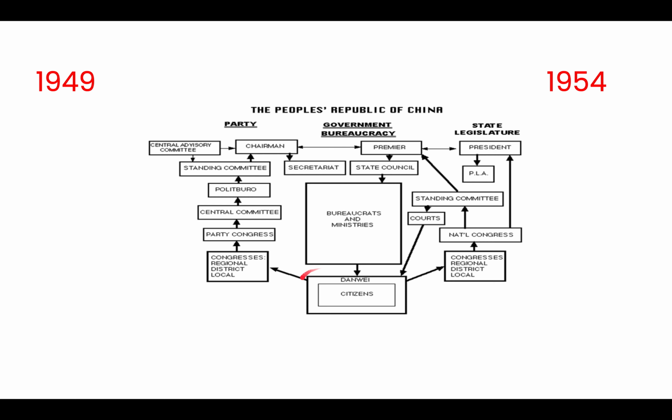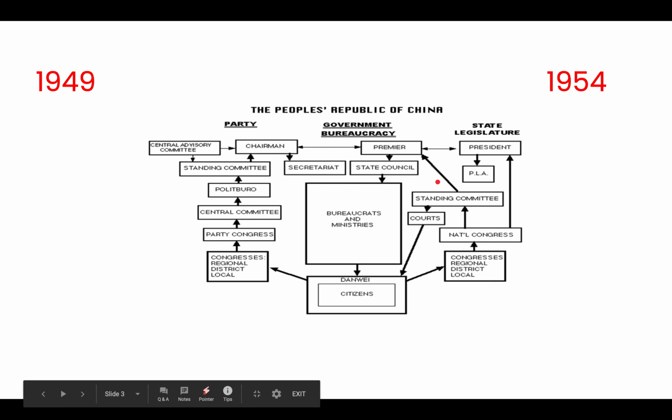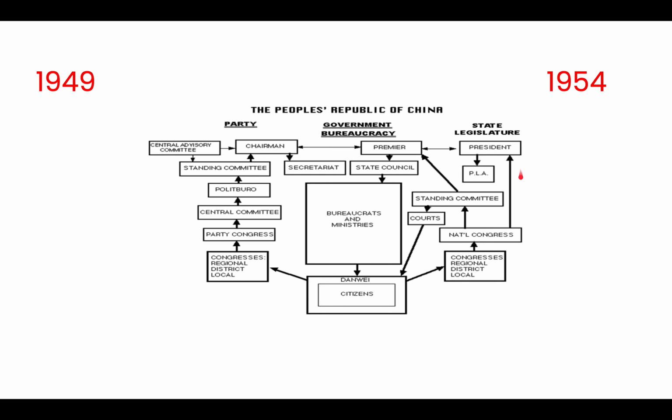Okay, so those are our danwei. They are in charge of each of the regions, and there's 4 of them per region. These danwei were made up of state officials. Sometimes we also had members of the PLA who were danwei, but the PLA, as well as responding directly to the president and removing counter-revolutionaries, their role was to also ensure that the citizens were following the rules set by the Communist Party.